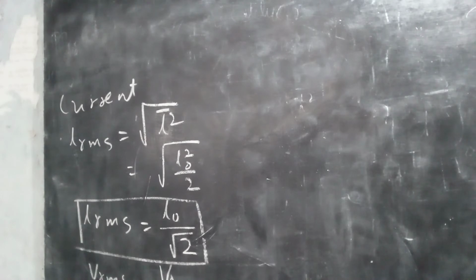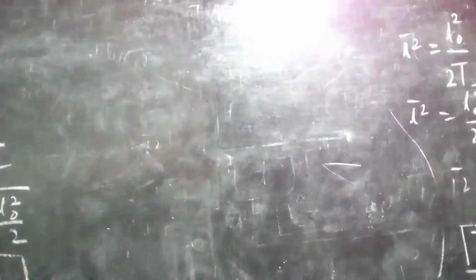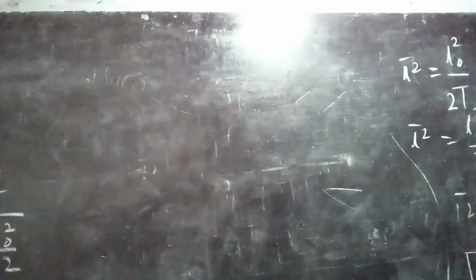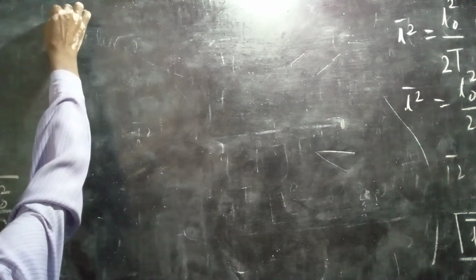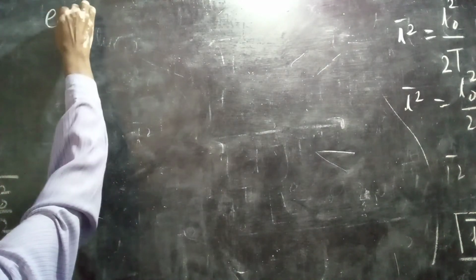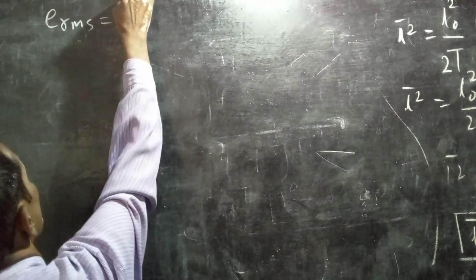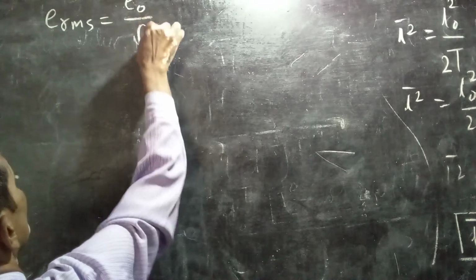Similarly we can prove that the root mean square of electromotive force, ERMS, is equal to E0 upon root 2.